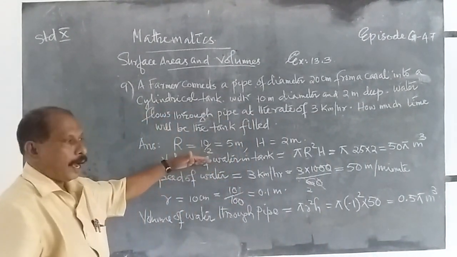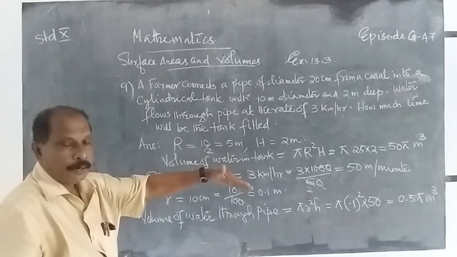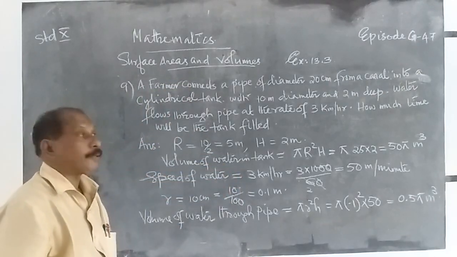Then the volume of water in the tank divided by the volume of water through the pipe is the time taken.